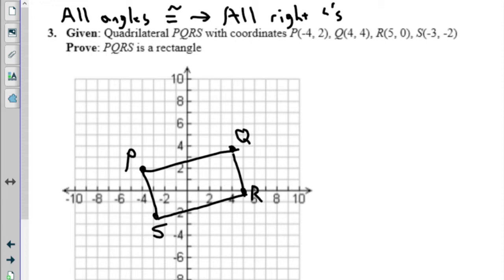So that means if all the angles are right angles, then that means that the lines are perpendicular. So really what I want to check for is those lines being perpendicular. And if I want to check for perpendicular, we're going to use slopes.